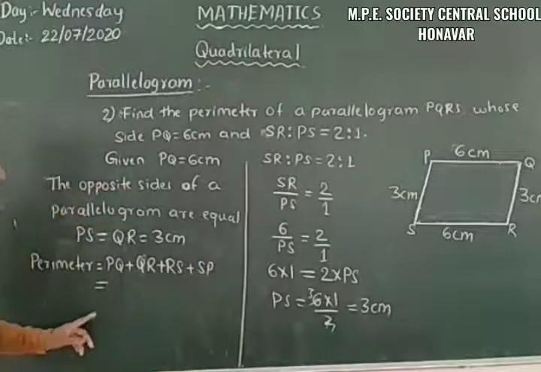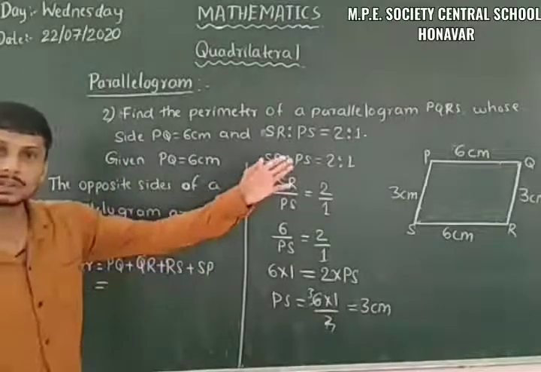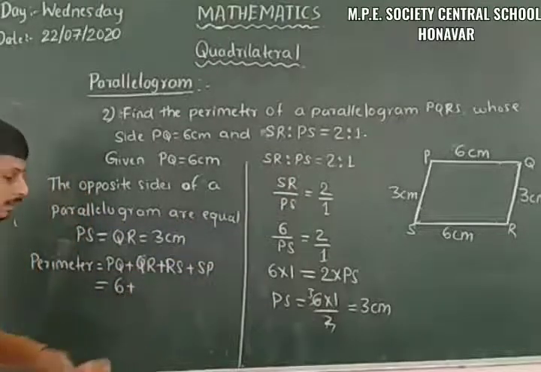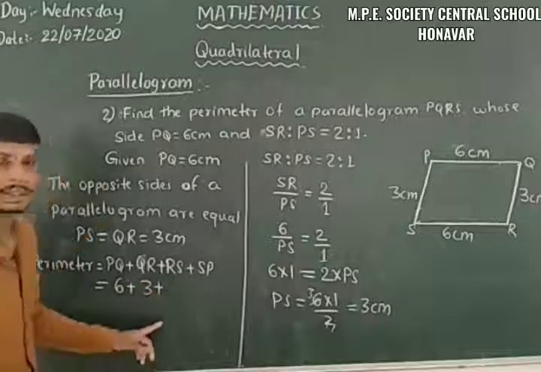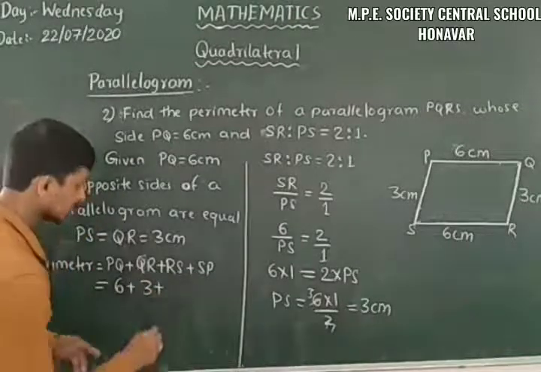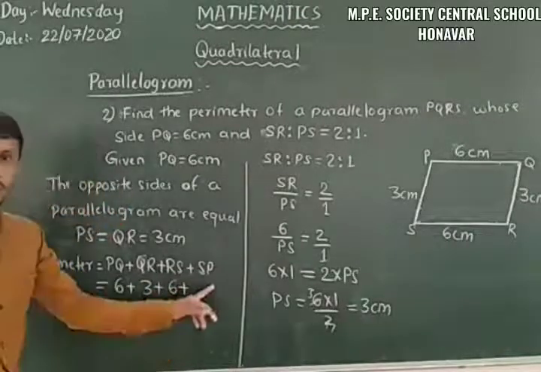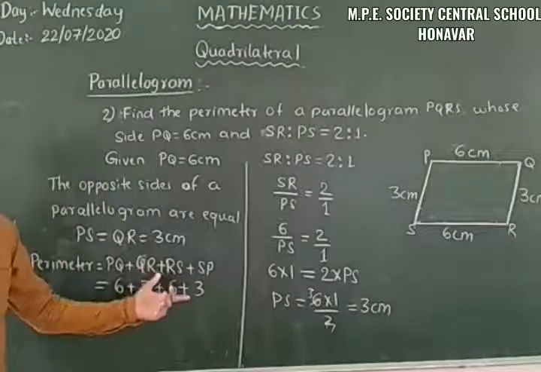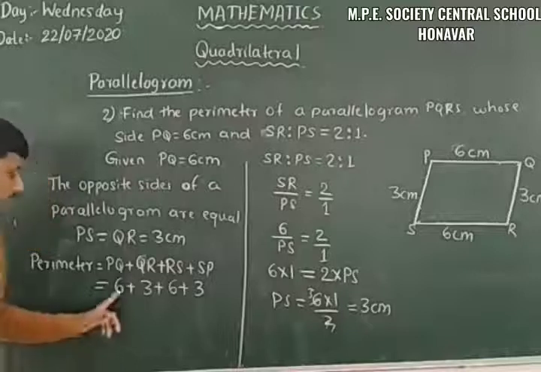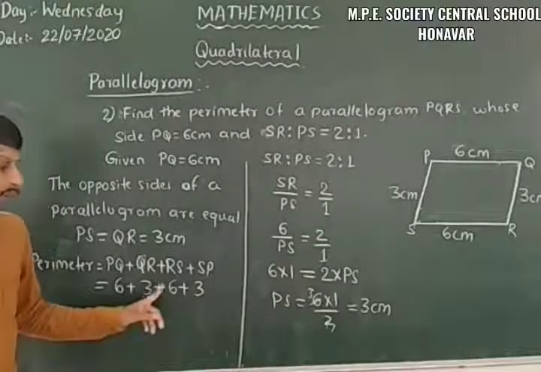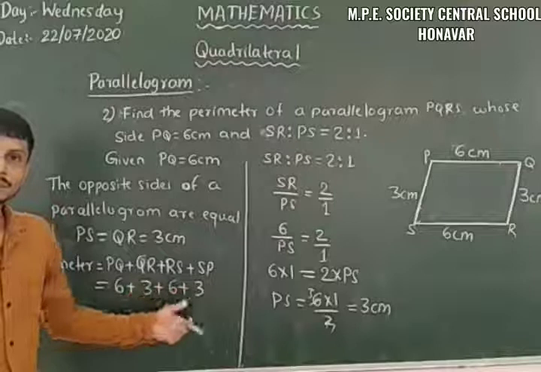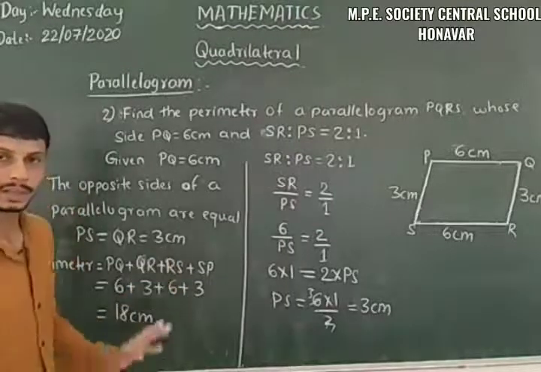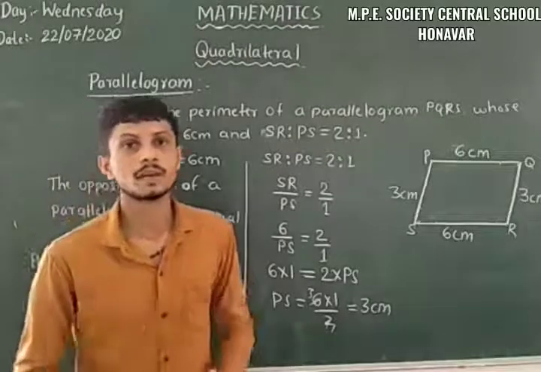The value of PQ is 6 centimeter plus the value of QR is 3 centimeter, then the value of RS is 6 centimeter plus the value of SP, or you can write PS, is 3 centimeter. So 6 plus 3 is 9, also 6 plus 3 is 9. 9 plus 9 is 18 centimeter. So 18 centimeter is the perimeter of the parallelogram.